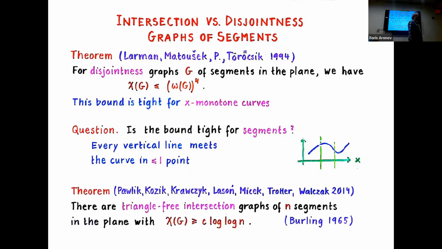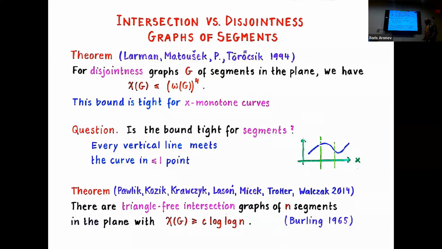Now look at the complement. And this was a really big surprise 70 years ago. It was proved by a number of undergraduate and graduate students in Poland, together with honorary graduate student Tom Trotter from the US, that intersection graphs of segments in the plane are not chi-bounded.